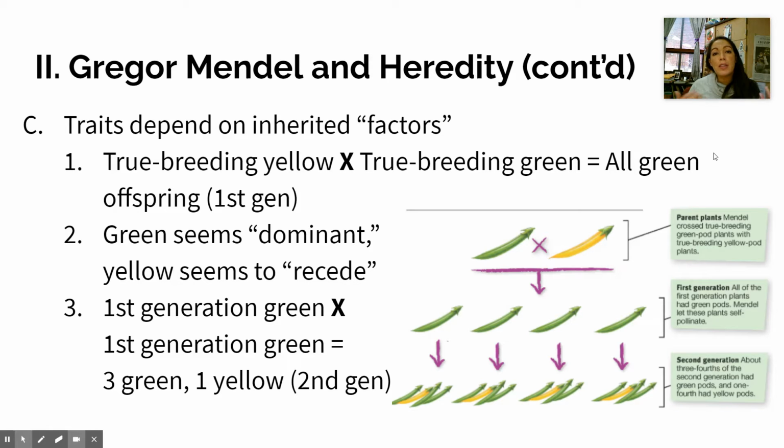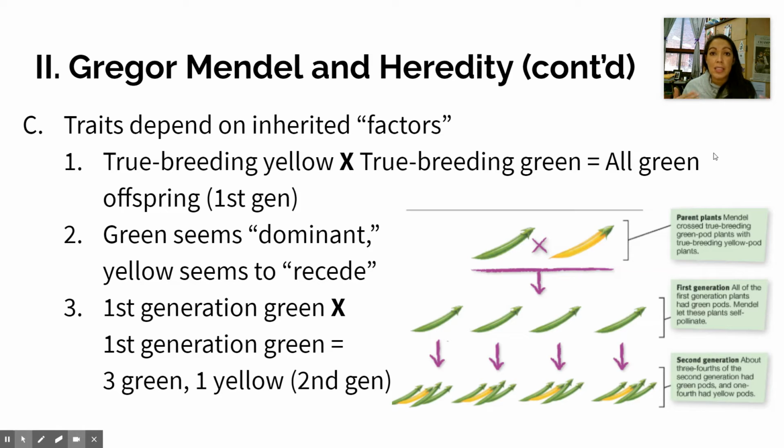So he found out that some plants were true breeding for a specific color, either green or yellow. Then what he did was he crossed a true breeding, or purebred, green pea plant with a purebred yellow pea plant, and he noticed that in his first generation, all of the offspring were green.